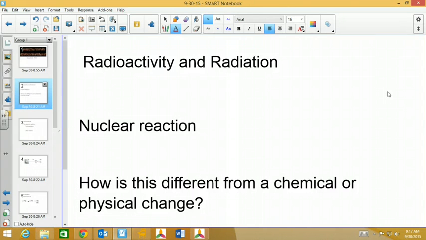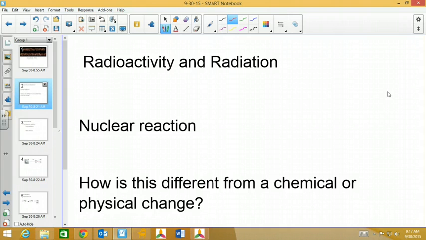What is radioactivity? Can you tell me with a raised hand? Yes, ma'am. Okay, spontaneously. What does spontaneous mean? Randomly. Does it need something to cause it to emit radiation? No, it's not like a reaction, right? It just does it.